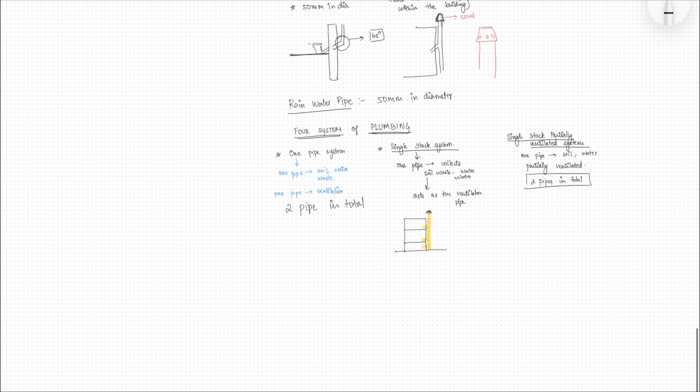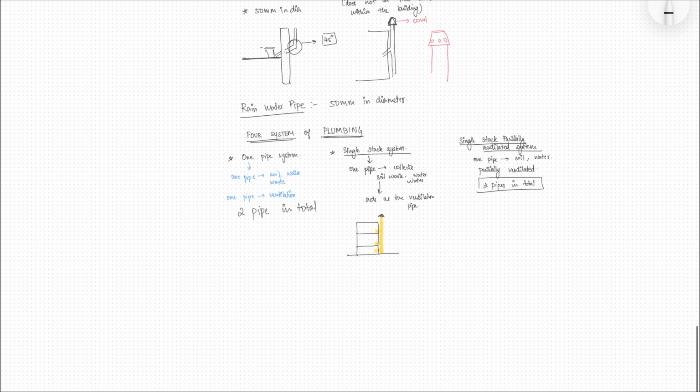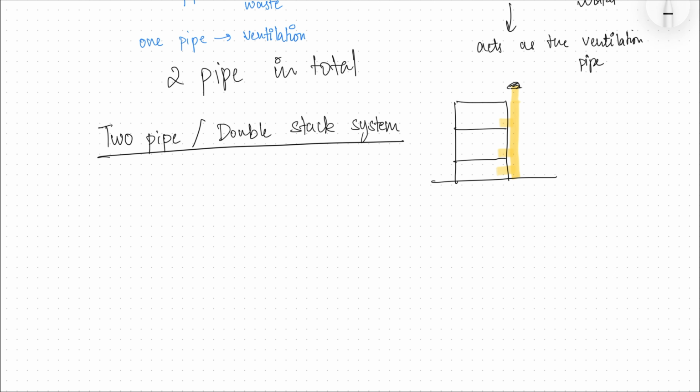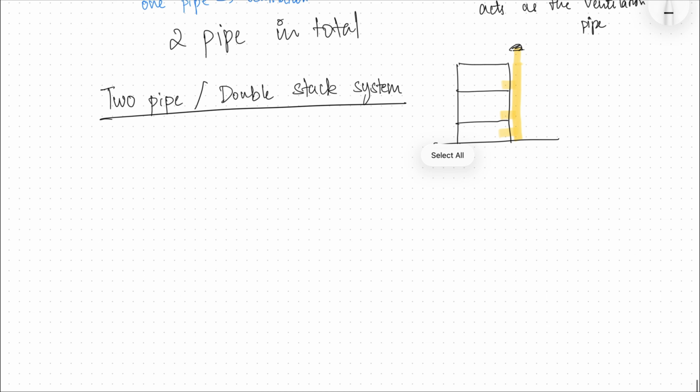Then you have something called the two pipe or double stack system. In two pipe or double stack system, you use two separate pipes. So one pipe for the soil waste, one pipe for the water waste, and each is ventilated separately.